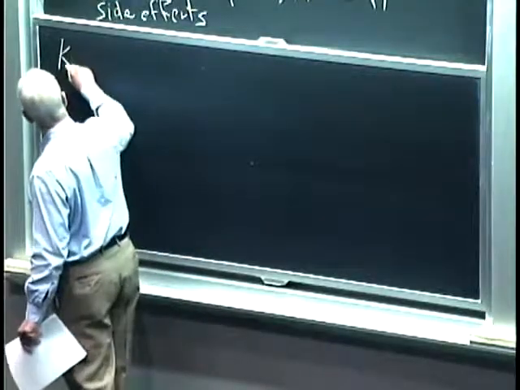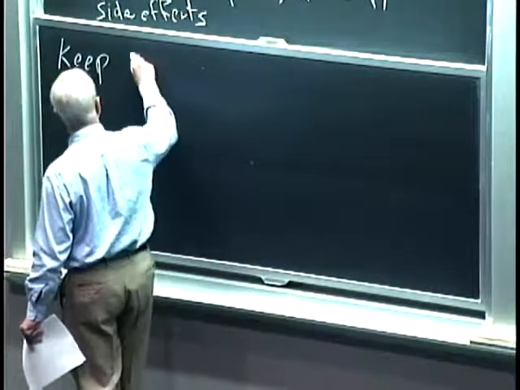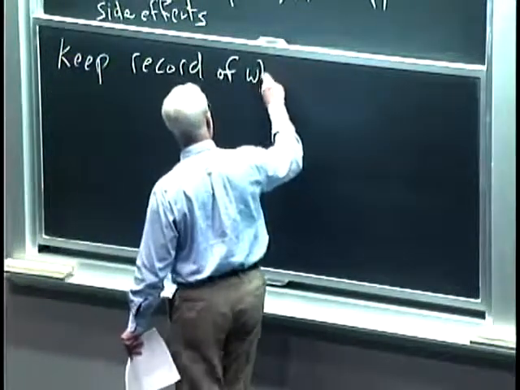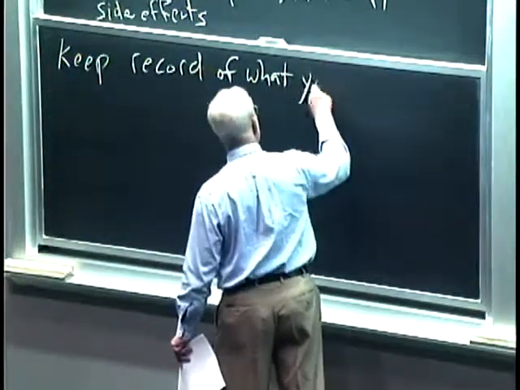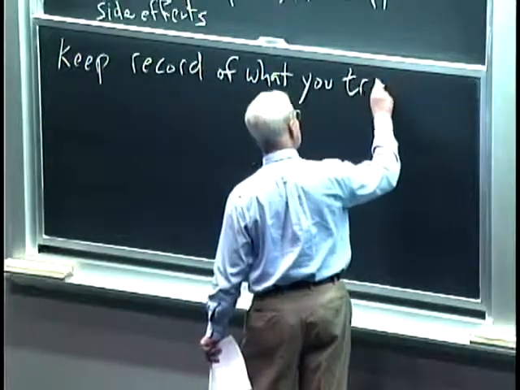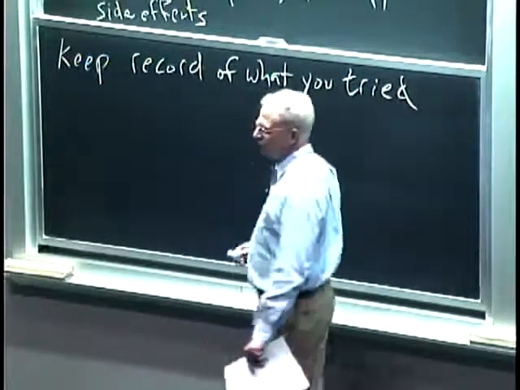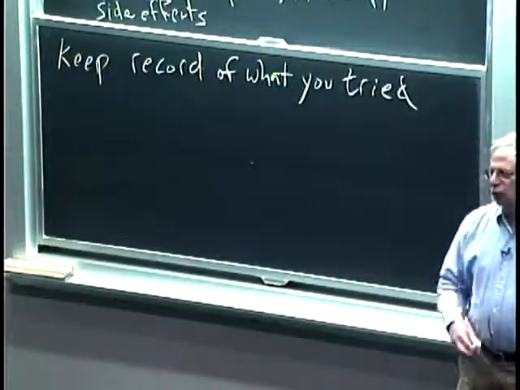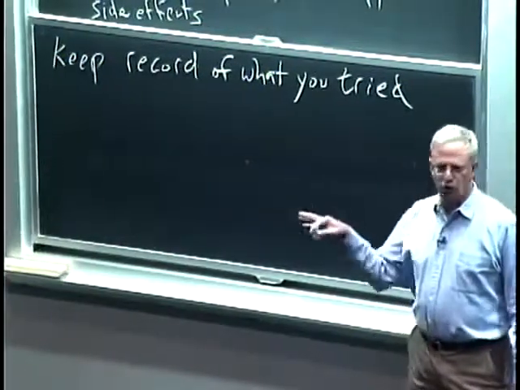A couple of other hints. Keep a record of what you've tried. People will look at things and they'll come in and talk to a TA, and the TA will say, did you try this?